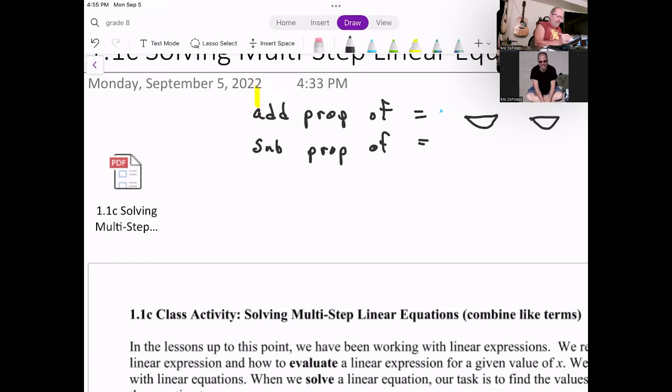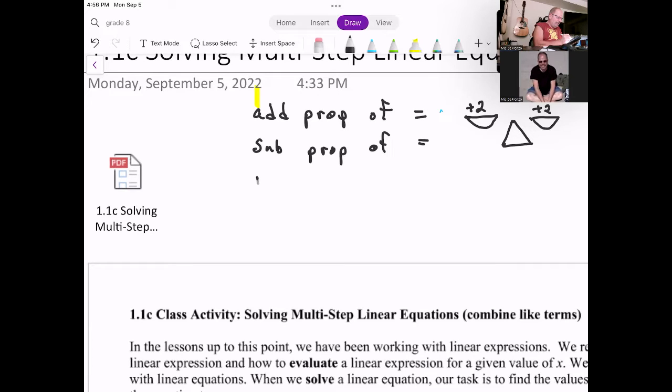So, here's this scale, if you will, and if we add something into one side, we had to add the same something into the other side. Otherwise, the scale would tip. But as long as we put the same thing on both sides, it doesn't tip. Well, equations are the same way.